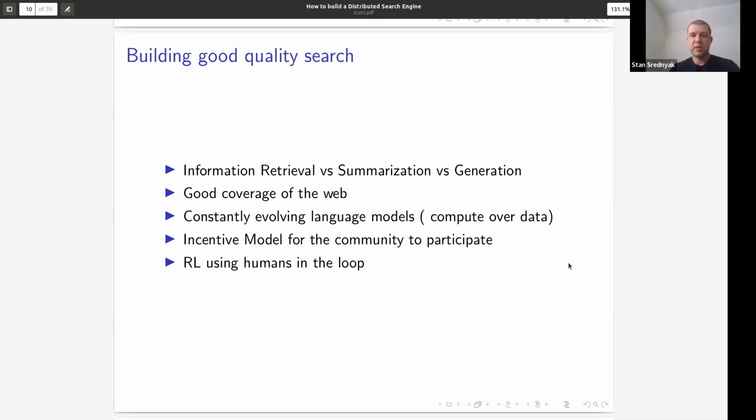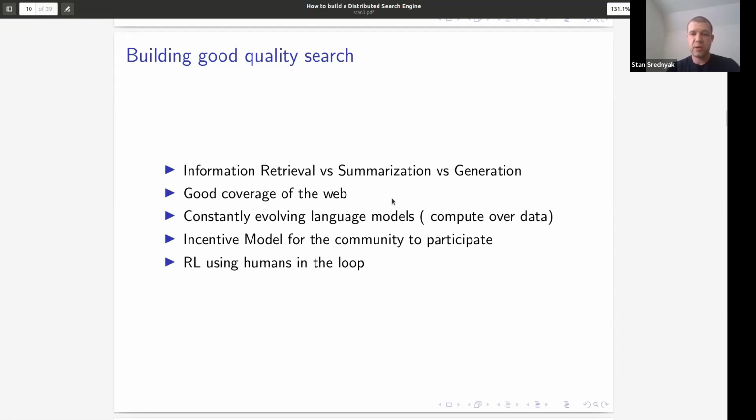So what are the issues that need to be addressed? First of all, search, at least the traditional search, is mostly about information retrieval. It's about finding the pages on the web that contain particular words. But now search is changing, so at least part of the search has to do with summarization of long documents and generation of explanations and stories.